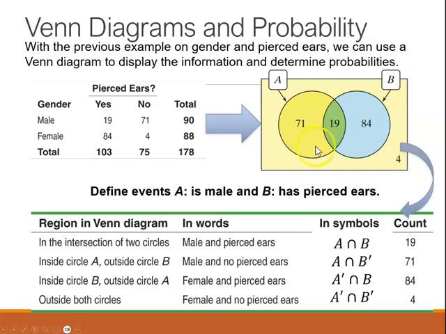So from a vocab standpoint, if I'm looking for A intersect B, that's the 19. If I'm looking for A intersect not B, that's the 71. If I'm looking for not A intersect B, that's the 84. And not A intersect not B, that's the 4. Everybody's cool?